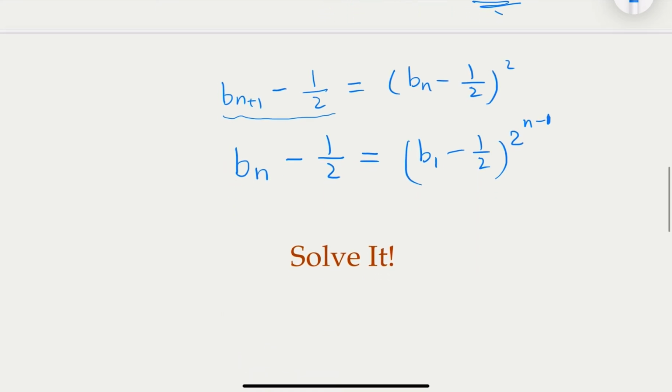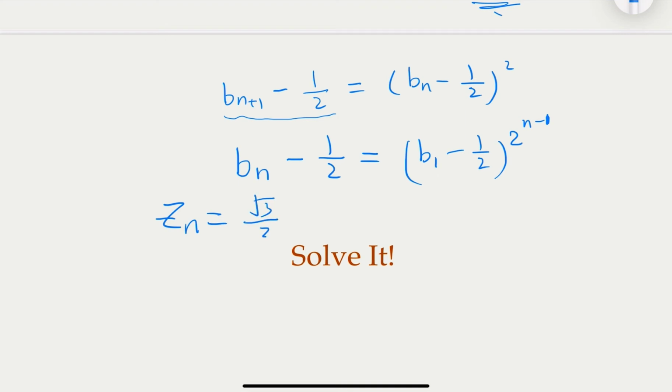So what we get is Zn would be equal to the real part. An is a constant, which is square root of 3 over 2, and the imaginary part, which is bn here, you're going to move 1/2 to the right hand side, is going to be 1/2 plus b1 minus 1/2 to the 2 to the n minus 1's power, and then times i.